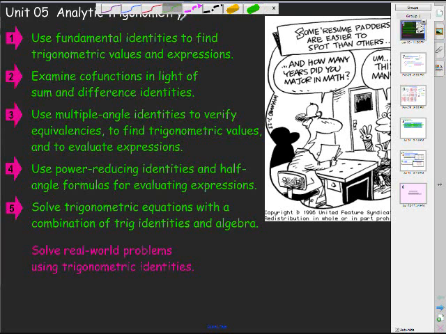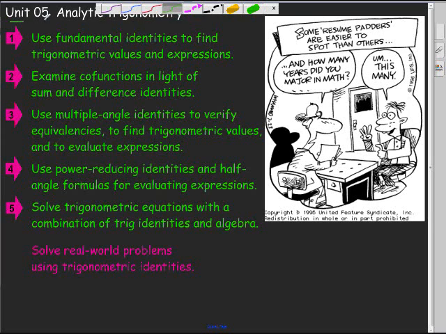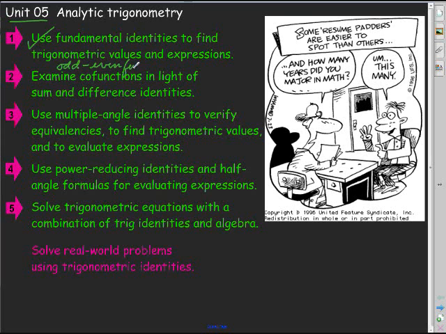Today we do the third part, the last part of section A. We've done this. Today we're going to be looking at odd, even functions and something called negative angle identities.